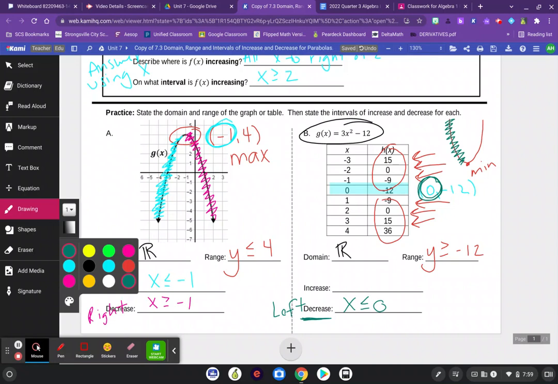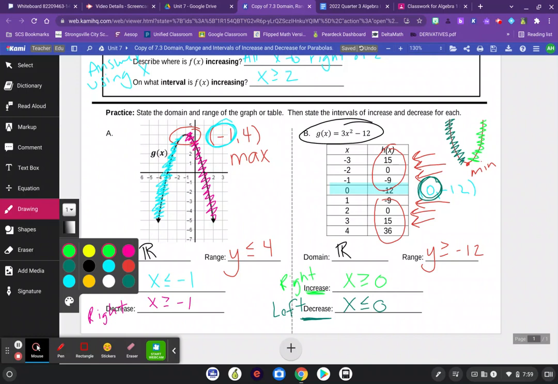The decreasing section is to the left of my vertex, so x is less than or equal to 0. And to the right of my vertex, I'm increasing. So for all x values greater than or equal to 0, I am increasing.